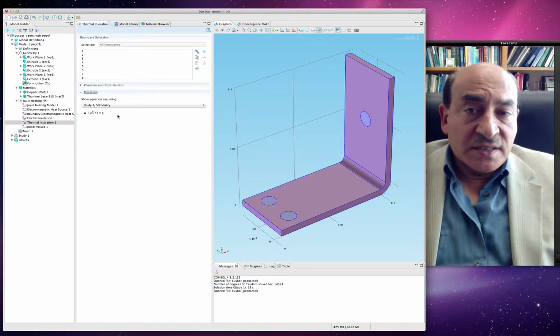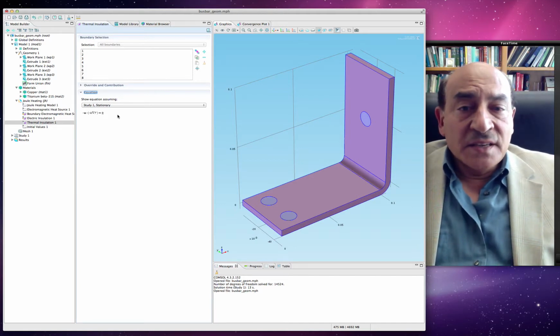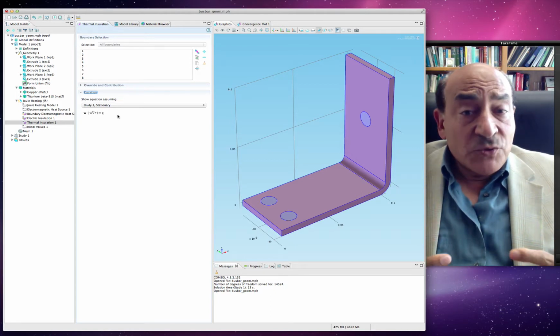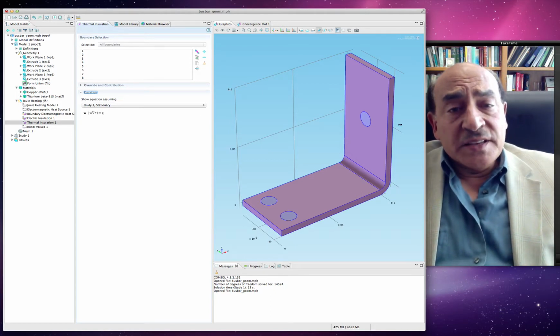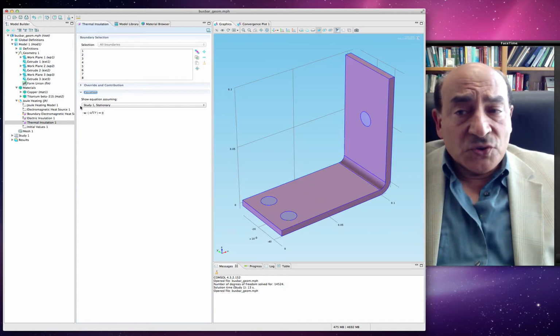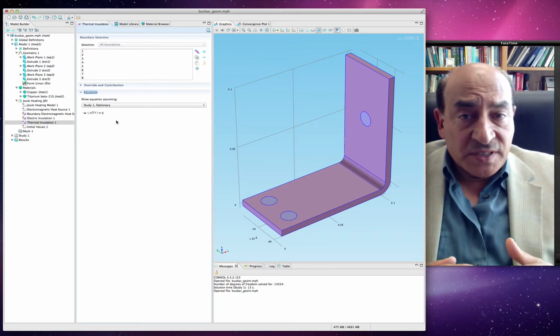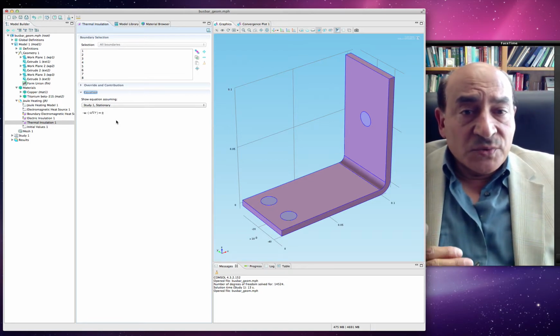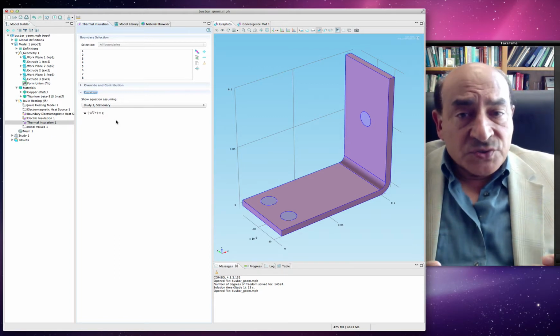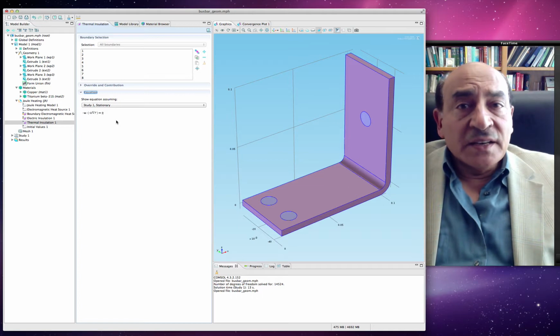We have two things, the current and the heat flux, and both of them are set to be 0 by default. Now when we cool this bracket, we're going to have to override this condition for the heat flux, because we want the heat to come out. We don't want it to be thermally insulated. So we will come there and introduce a boundary condition that will define the heat flux that goes out.